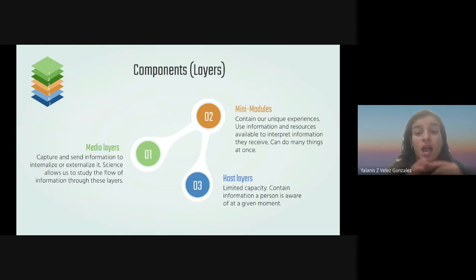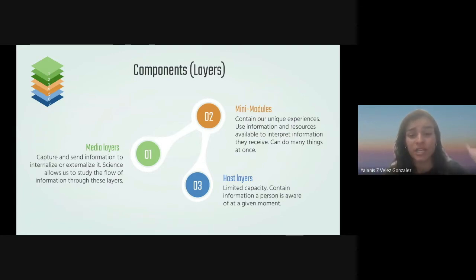And then we can understand that sound, and we know that sound comes from that bird, and we're able to do that because our media layers capture that information with our bodies. We can perceive it, and then that information can get sent out to the mini modules.